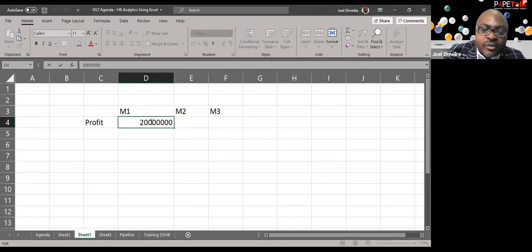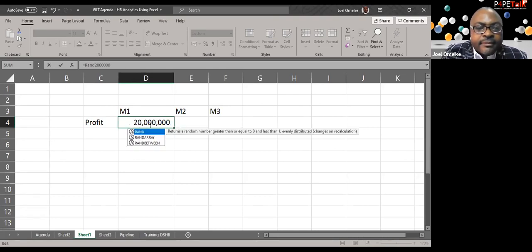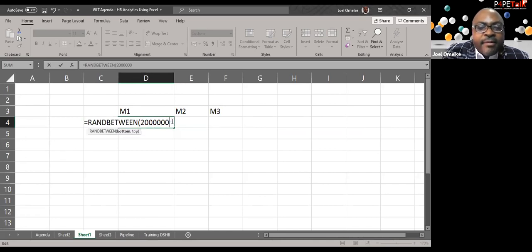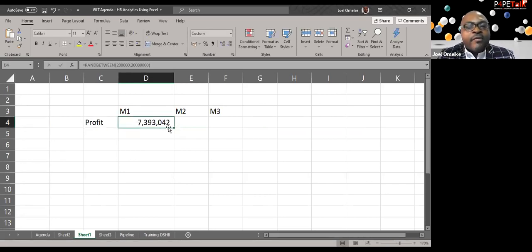So let's say it's between 2 million and 200 million. So this is the profit of the organization. This is in Naira, all right?